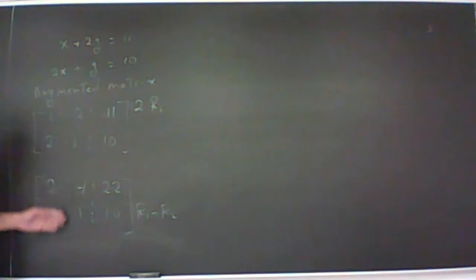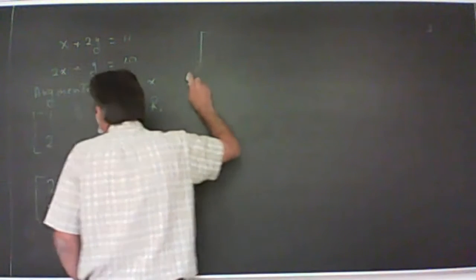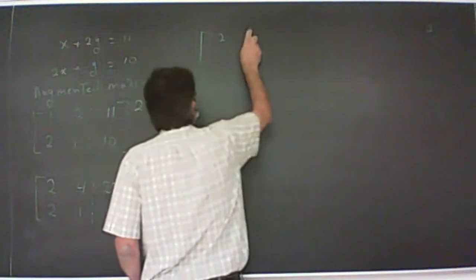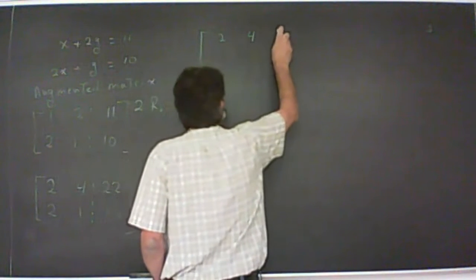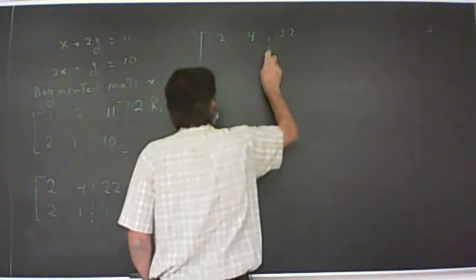My next matrix is going to have row 1, which I didn't do anything to, and row 2 replaced by the difference between these two. Then we have 2, 4, 22.